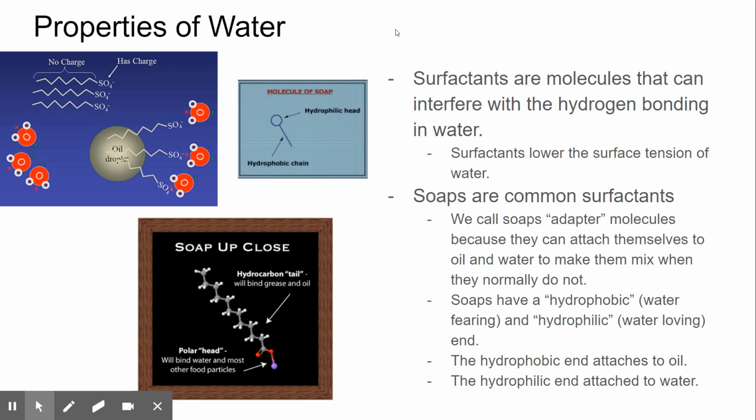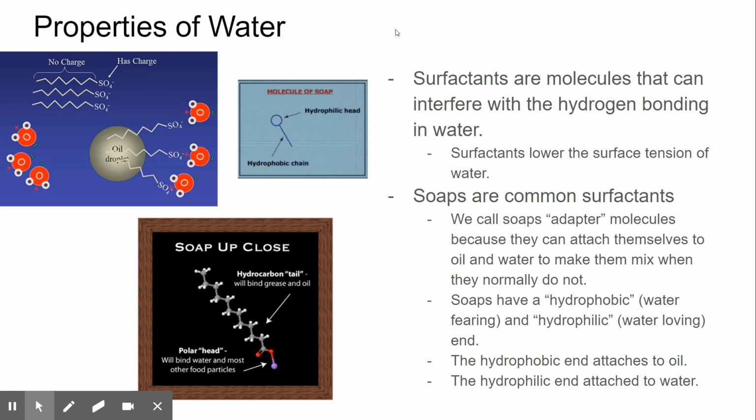Surfactants often lower the surface tension, and an example of a surfactant is soap. If you put soap in water, it ruins that whole idea of water holding onto itself. Water will hold on to the surfactants and cause some disruption there. It could ruin the surface tension of the water.